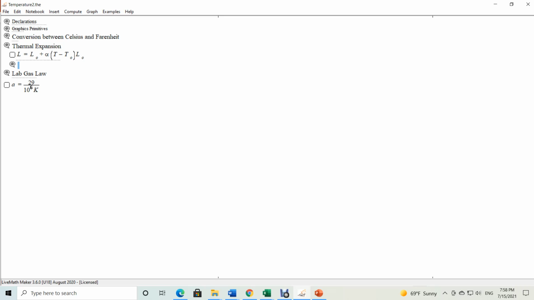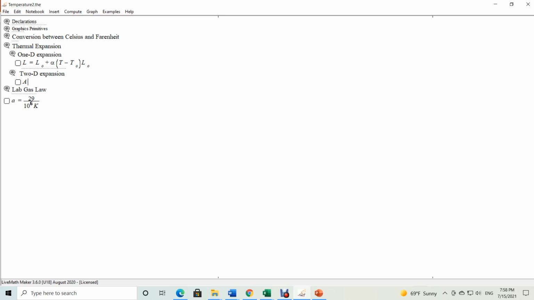Here's the 1D expansion first, right? And then 2D expansion. Instead of using L, I'm going to use A and B.